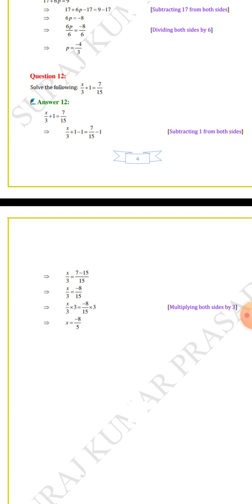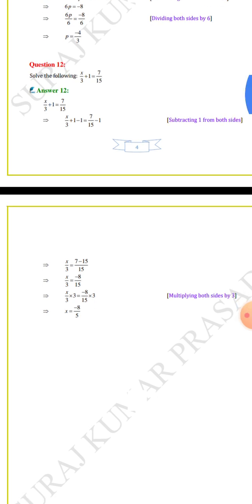In LHS, x by 3 into 3, both the 3's get cancelled, and only x will remain. In RHS, we get minus 8 by 15 into 3, so then the value of x is equal to minus 8 by 5.